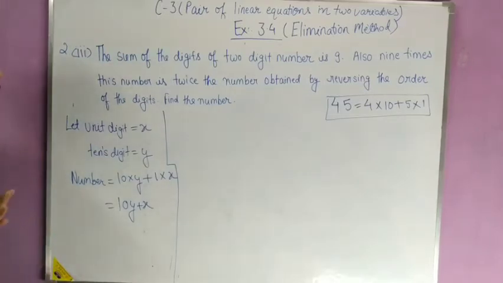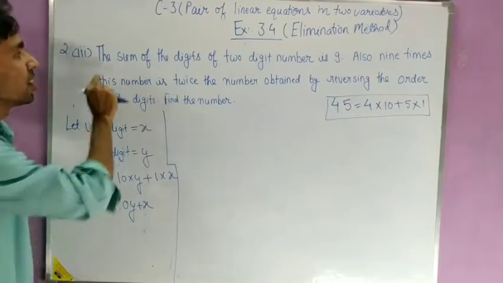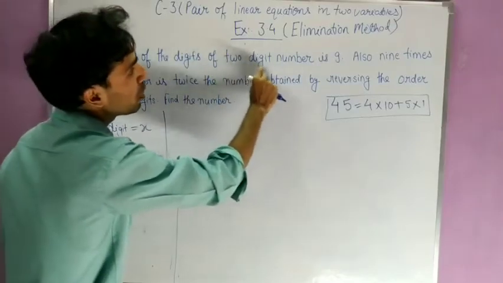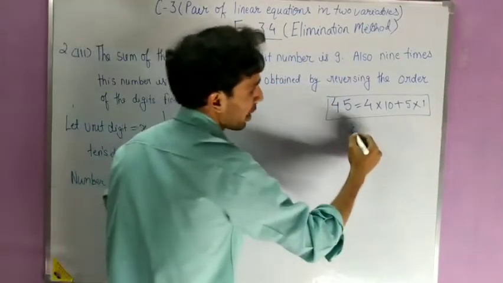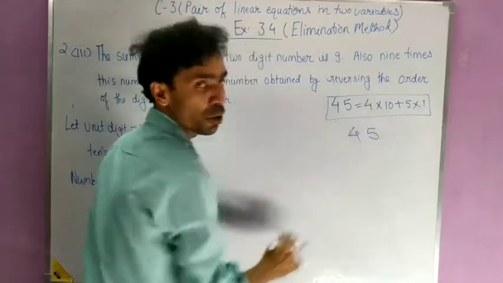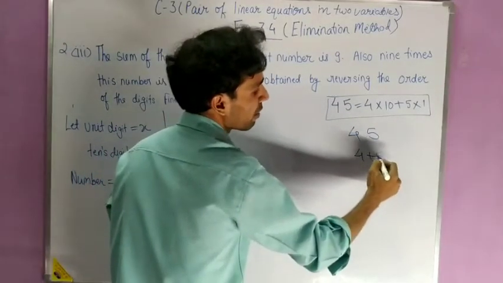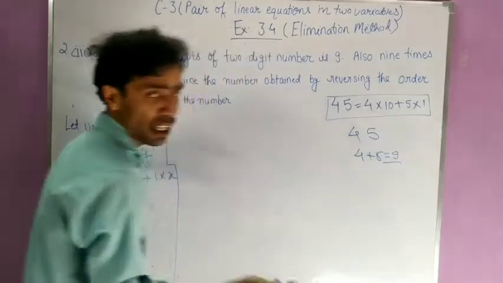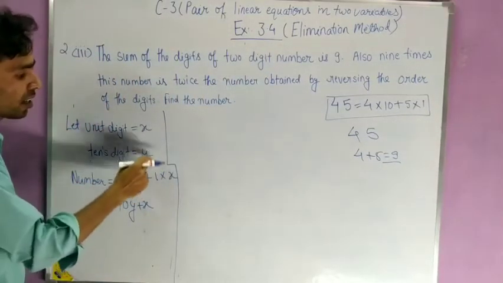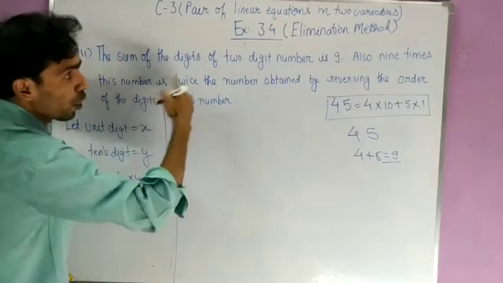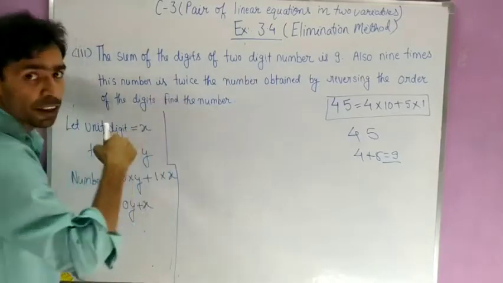Now, what is the question saying? The sum of the digits of the 2-digit number is 9. Means suppose I have written 45. When you add these 2 digits, what will come? 4 plus 5 is equal to 9, no? Like this only, the sum of the digits: 2 digits are there, x and y. So according to the question, their sum will be equal to 9.